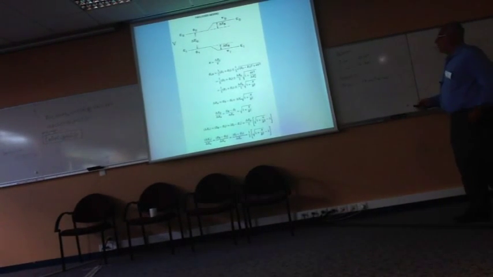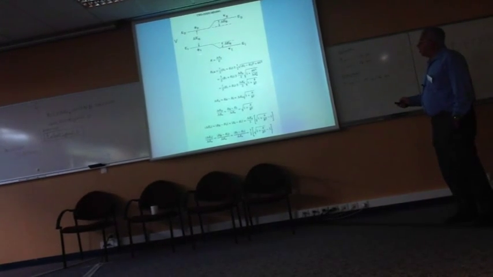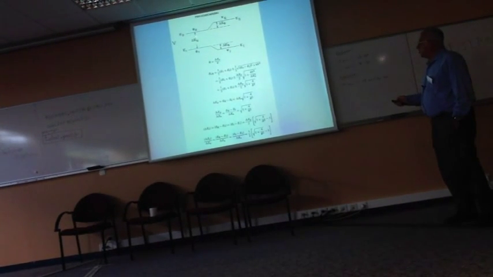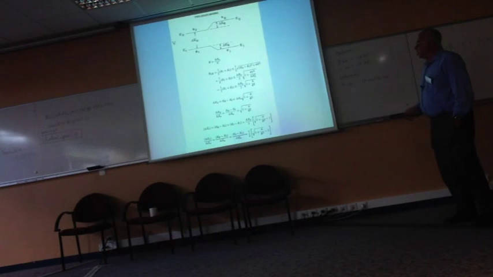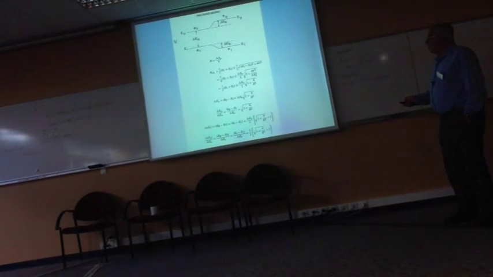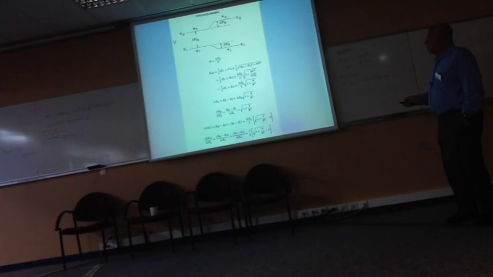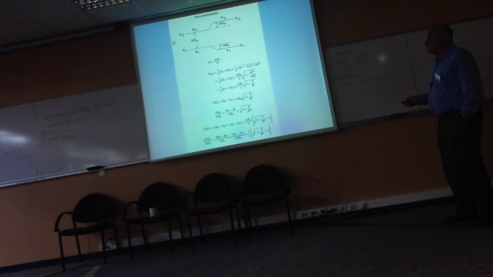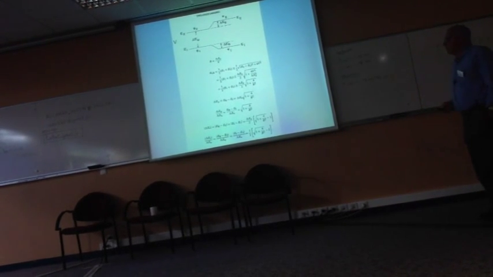Okay, I want to define the quantity because this is really the key to everything. R, which is the unperturbed energy spacing divided by the interaction. And you will see that everything can be written in terms of R. So you all know the solution to this. I mean, this is really elementary. The final two energies are given by 1/2 the sum of the initial energies plus or minus 1/2 the square root of the difference in those initial energies squared plus 4 times the matrix element squared.